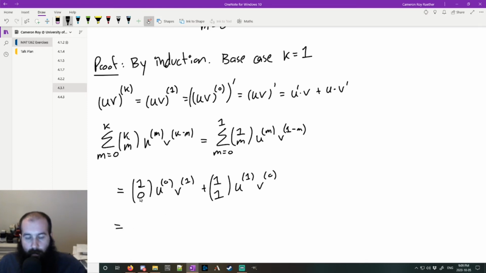So this 1 choose 0 is 1, so this is u times v prime, plus 1 choose 1 is 1, so we just get u prime times v. And so, well, the terms have been swapped, but these are equal. So the base case holds.